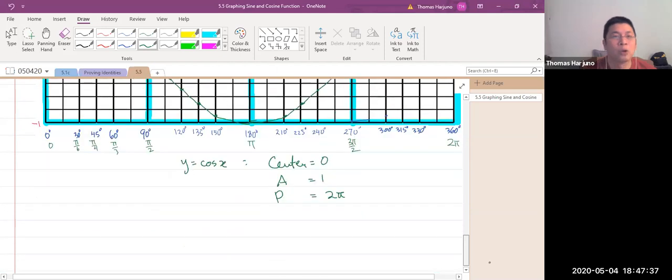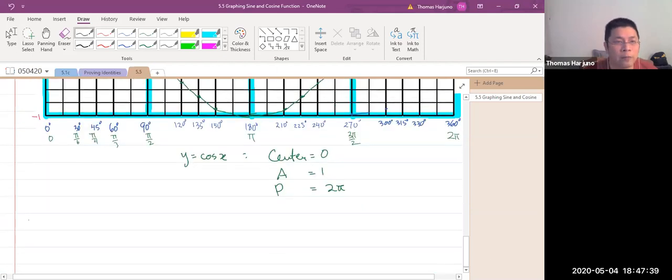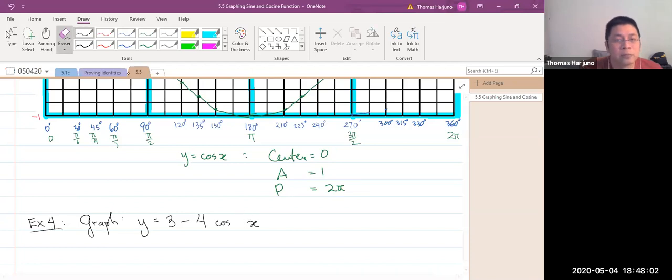Now then, what do we do if we have example 4, when I say graph y equals, let's say 3 minus 4 cosine 3x. Maybe make it 2x instead of 3x.